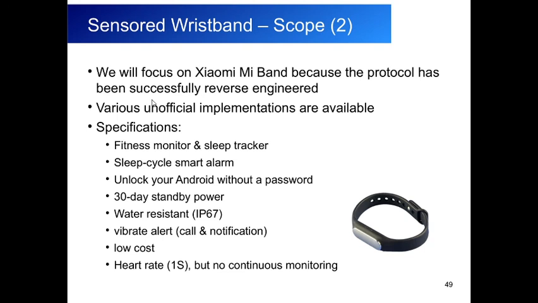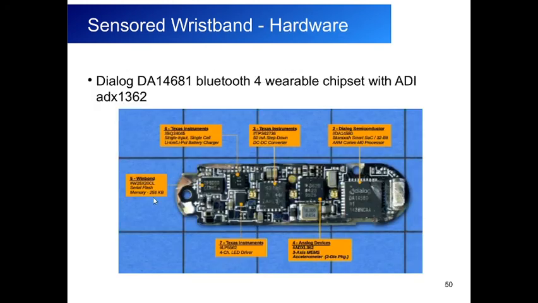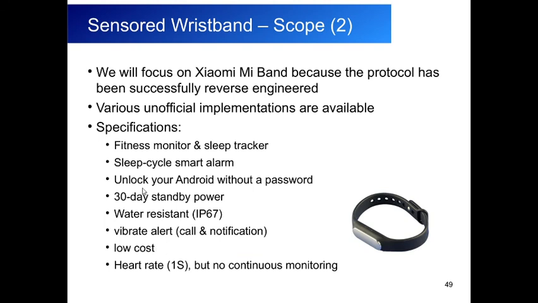The specifications are those listed here. It's water resistant, it has vibration, it has low cost, it can track heart rate even if it is not in continuous monitoring, which is maybe a kind of drawback. And it has a very long standby power. And you can also use it with Android in a very easy way.